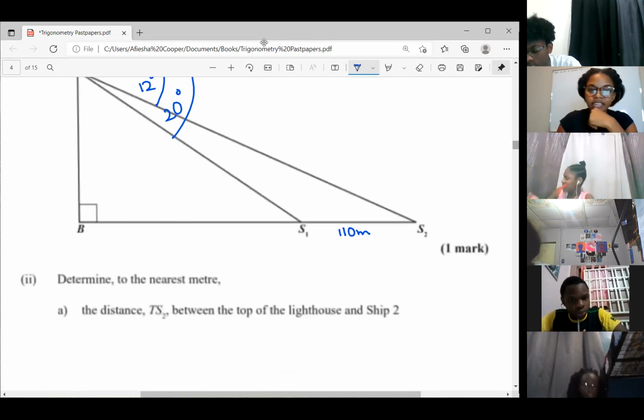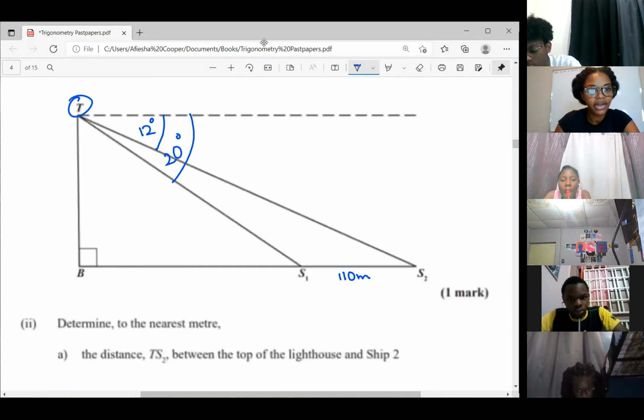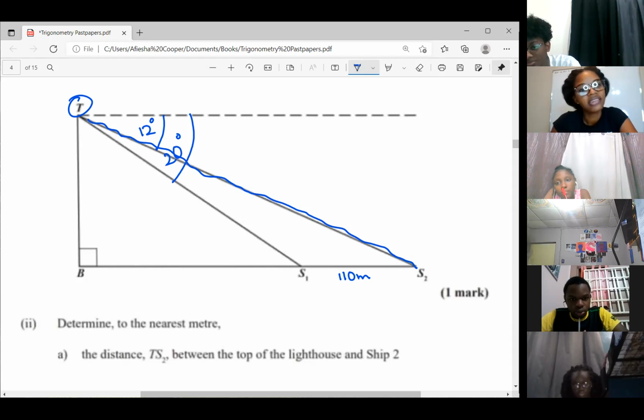All right, the distance TS2 between the top of the lighthouse and the ship, so they want this line here, right? So what shall we use? Sine rule.